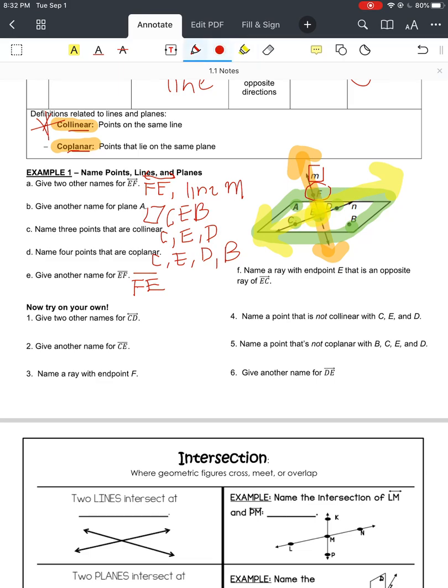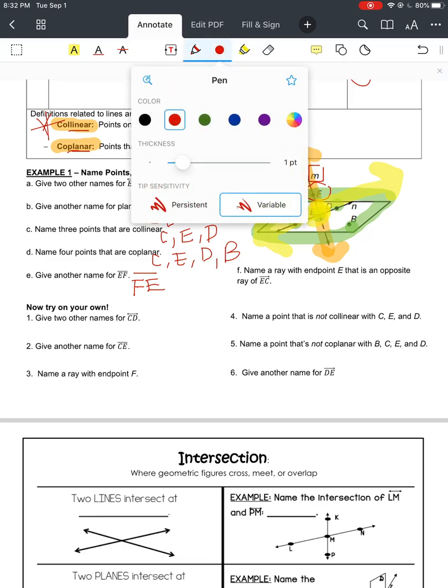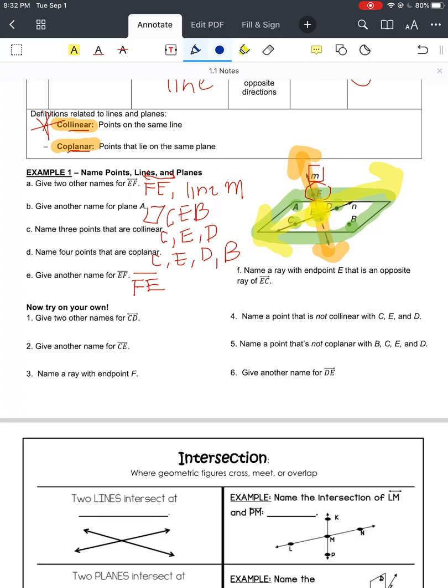The only other point I see this right ray going through is D. So ED, again, endpoint first, ED would be my opposite ray. Think to yourself, why did I not use N? N's not a point. That's just a nickname for that line that's now yellow. So I can't use that. ED is my only option.